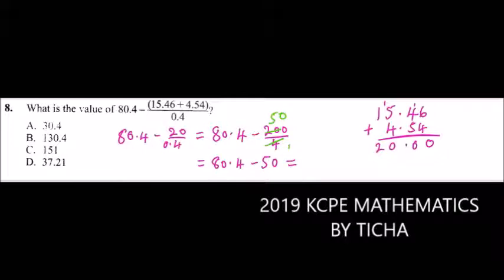When you subtract 50 from 80.4, you can say 50.0, so you get 4 minus 0 is 4, 8 minus 5 is 3. So that should give you 30.4. Check your answer. The correct answer here is A, so you shade your answer as A.